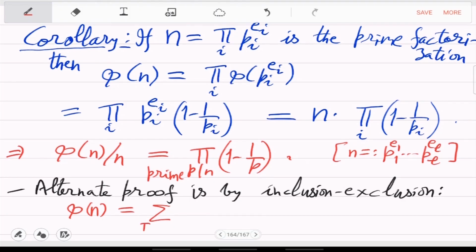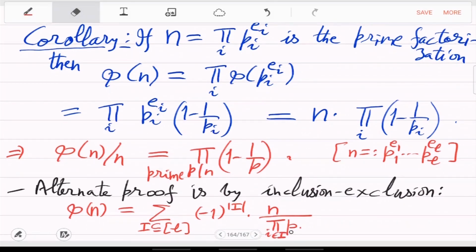So inclusion exclusion will be over all the subsets I of 1 to L, and the count here, if you recall how inclusion exclusion works, you will get this. So for example, when you take I to be empty, the size of I is 0, so with that positive sign you get n by 1.